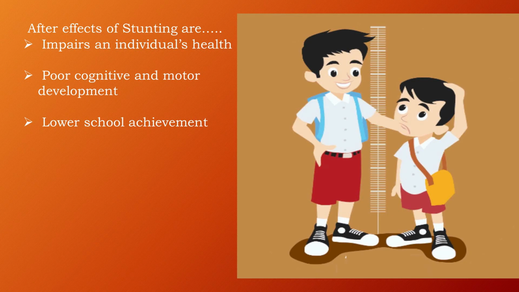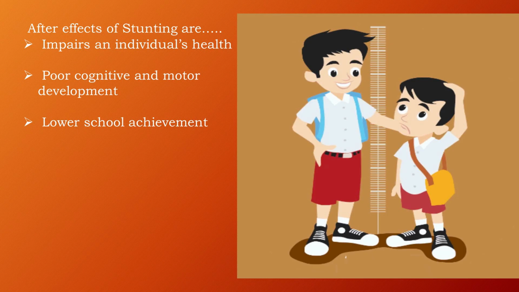So, understanding capacity will be reduced. Then his motor development, that means physical activity, will be lowered. So, he will not be able to cope with the physical activity that his colleagues are able to do, right. So, naturally that will affect his or her school performance.